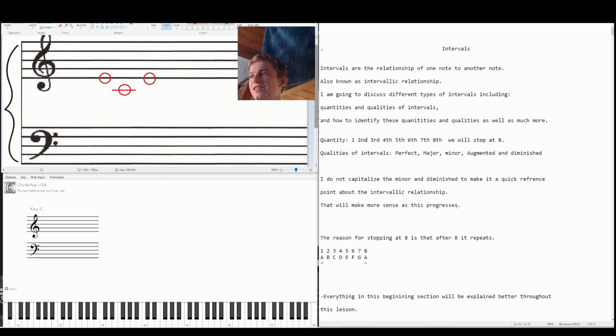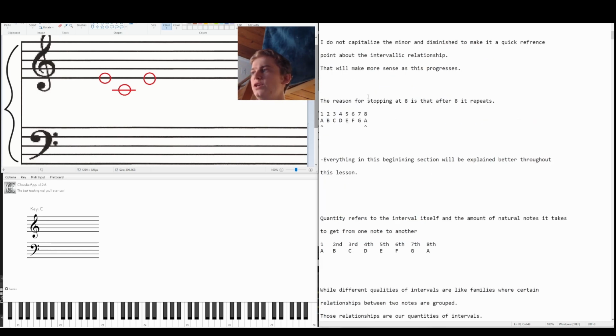That'll make more sense by the end of this. We have minor and diminished, and both of those are not capitalized, but Perfect, Major, and Augmented I capitalized to also give you a reference point about their intervallic relationship, but that'll be explained more. The reason for stopping at the number 8 is because after 8 it repeats.